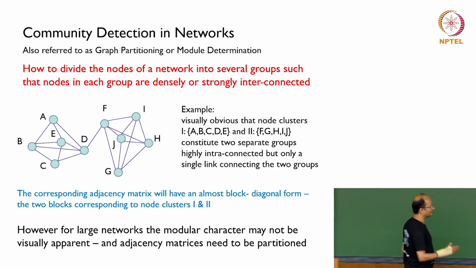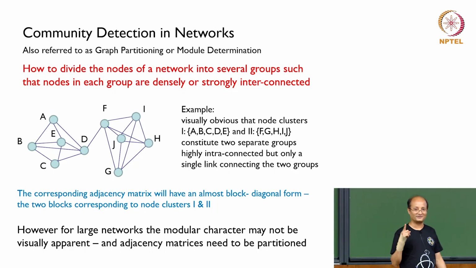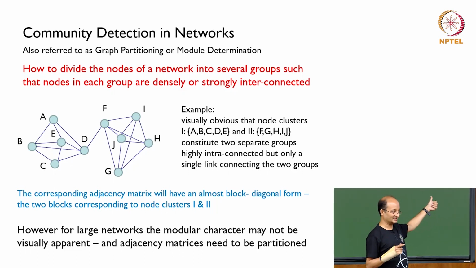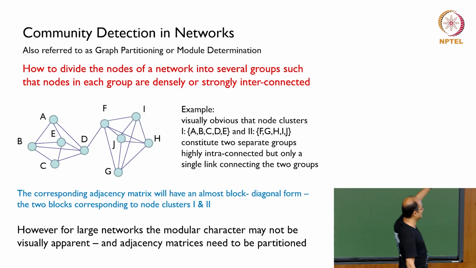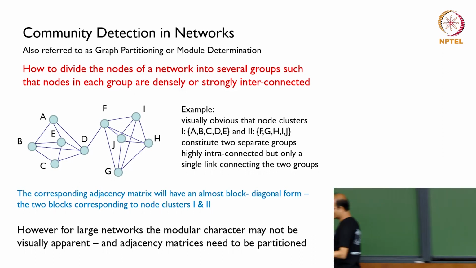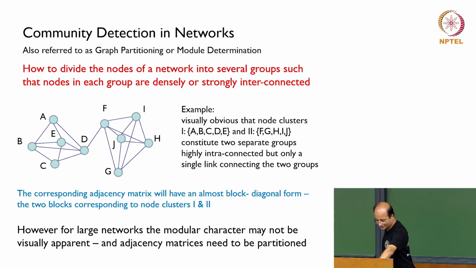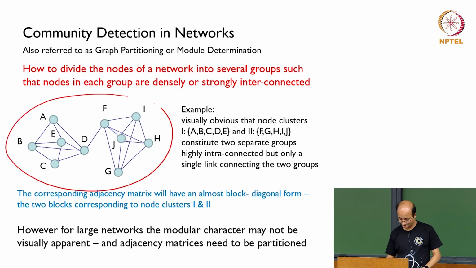So community detection in networks is one of those problems which unfortunately physicists were not the first to work on. It actually started in computer science. If you look at your standard CS books, you'll find it referred to as the graph partitioning problem. The way it's defined in CS textbooks is usually like this. Suppose you have a graph like this.